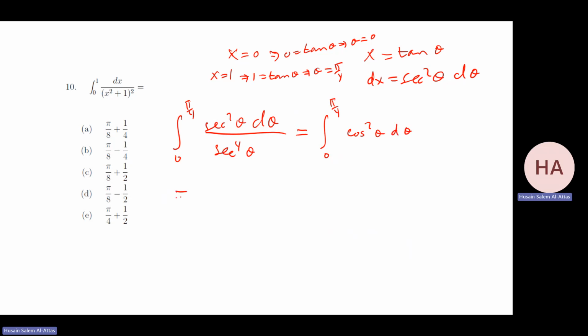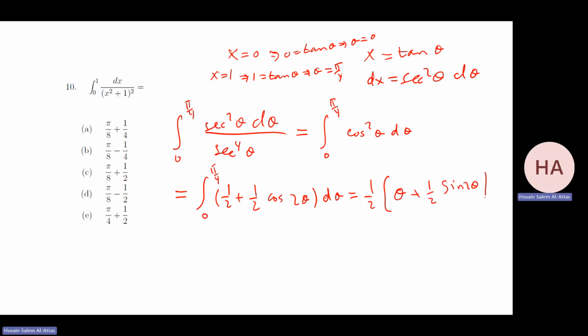I will go back to this half angle idea or double angle. That will be half times theta plus 1 over 2 sine 2 theta from 0 to pi over 4. So I can do it quickly.